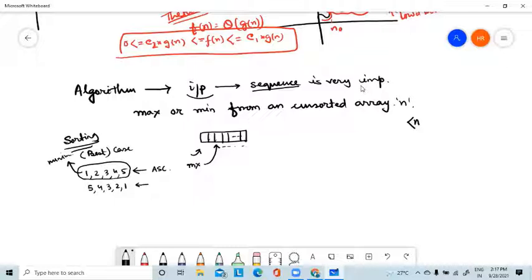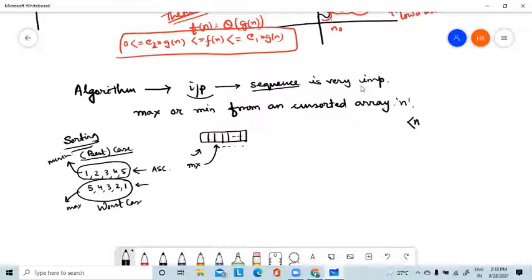Clear? Similarly, the sequence which will take the maximum time will be called the worst case.